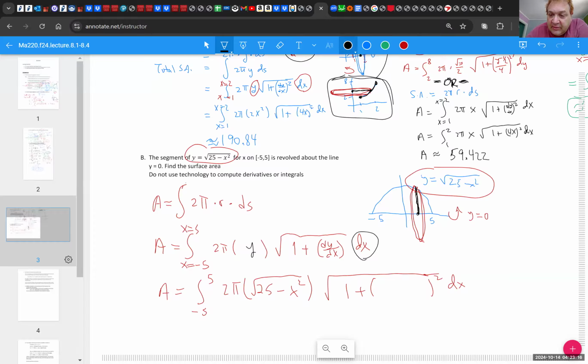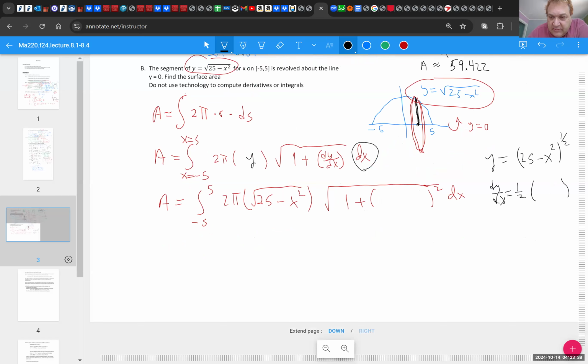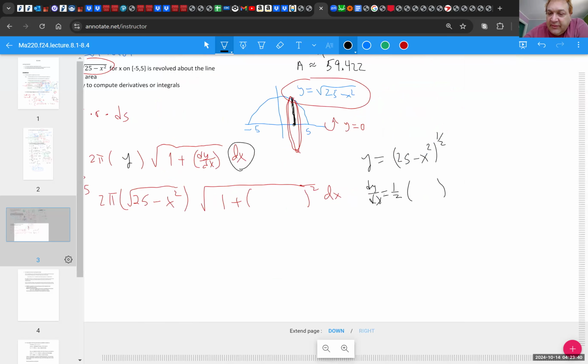So let me write down the function here. y equals, I'll do it to the 1/2 power since our formulas work with numbers, not with weird symbols. So there's our function, 25 minus x squared to the 1/2. So its derivative, dy dx, will be 1/2 of this creature to the -1/2 times the derivative of that inside function. This is called the chain rule, right?